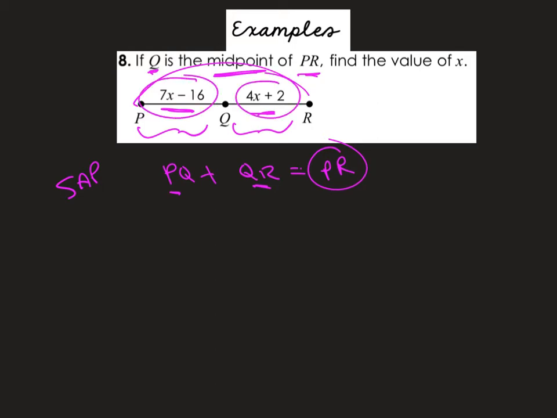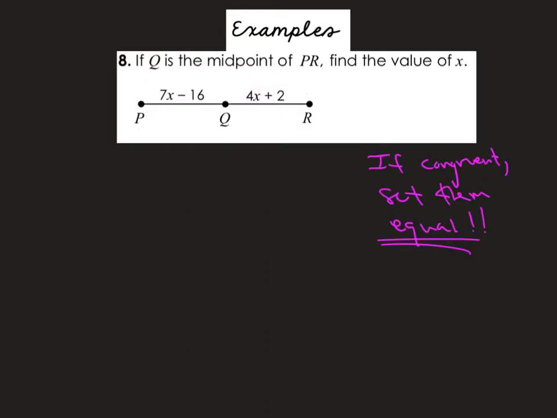So I know that this piece and this piece are identical. And so now we have some new algebraic options. And that option is going to be, if they're congruent, set them equal. Don't forget, we have a symbol for congruent. That symbol means congruent. So I know that if Q is the midpoint of PR, then segment PQ is congruent to segment QR.